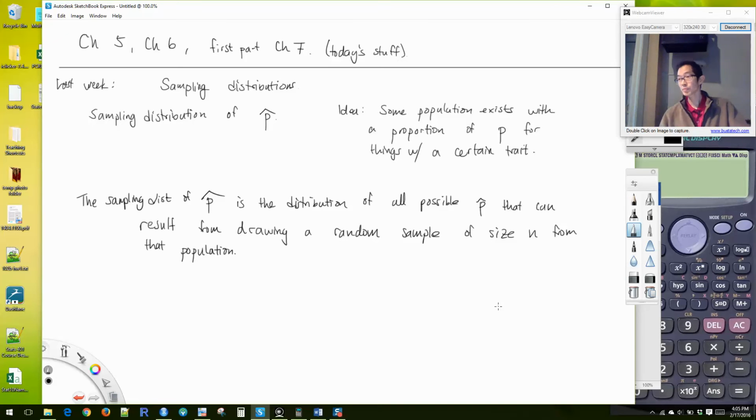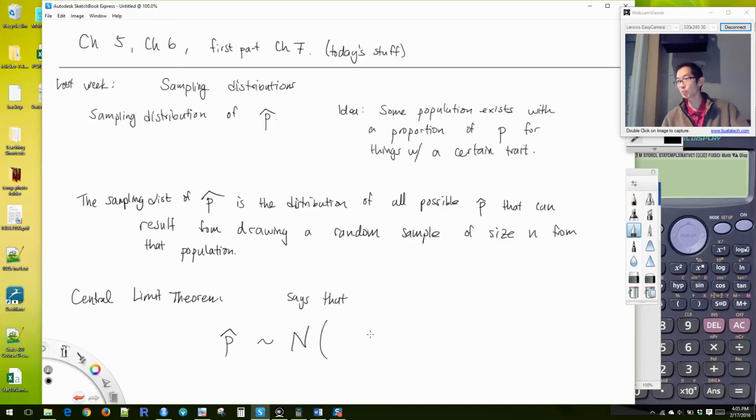We talked about the central limit theorem. The central limit theorem, as it applies to p hat, says that our distribution of p hat follows the normal distribution.